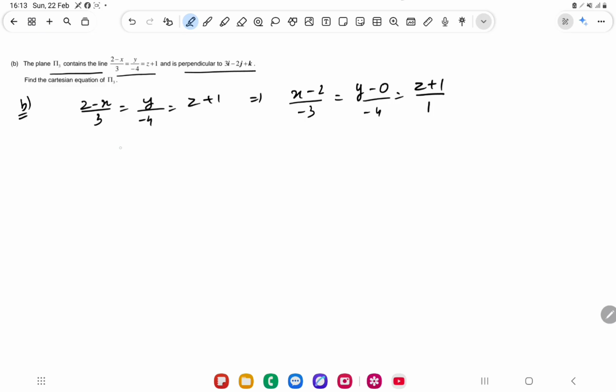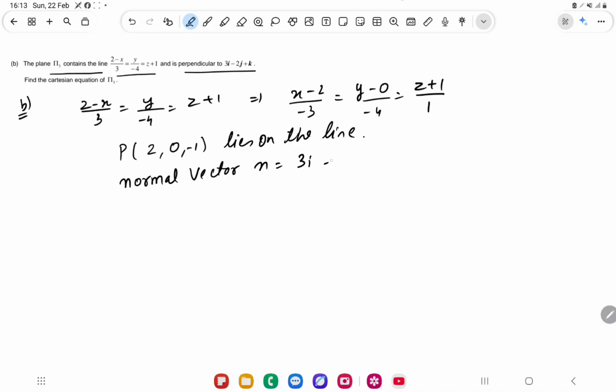So I can take my point P as (2, 0, -1), which lies on the line, and the normal vector I will take as n, which is 3i minus 2j plus k.